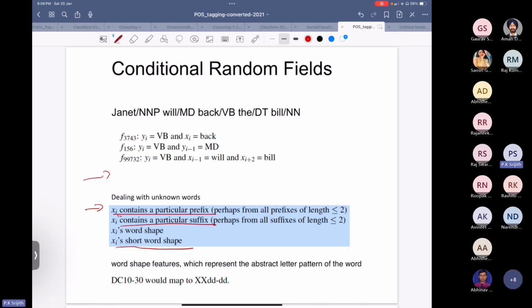You can consider several such features and construct a conditional random field based upon all these features.